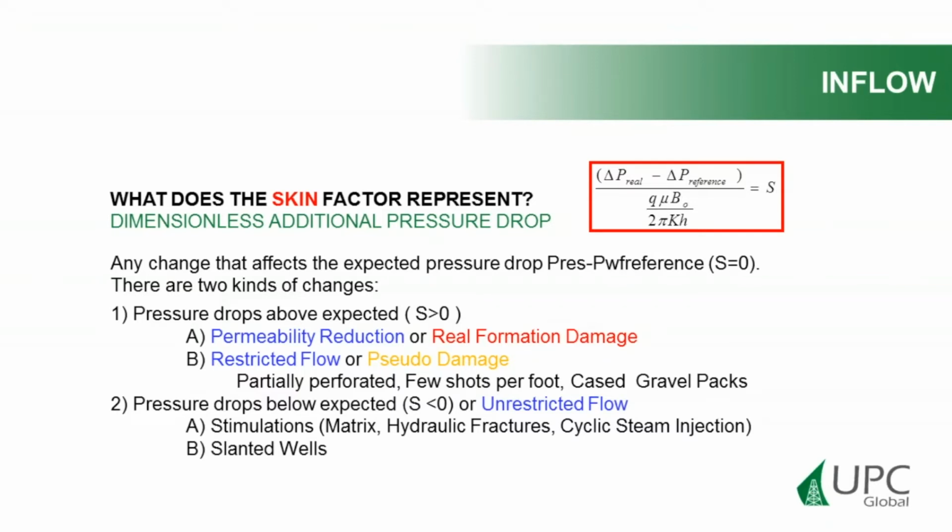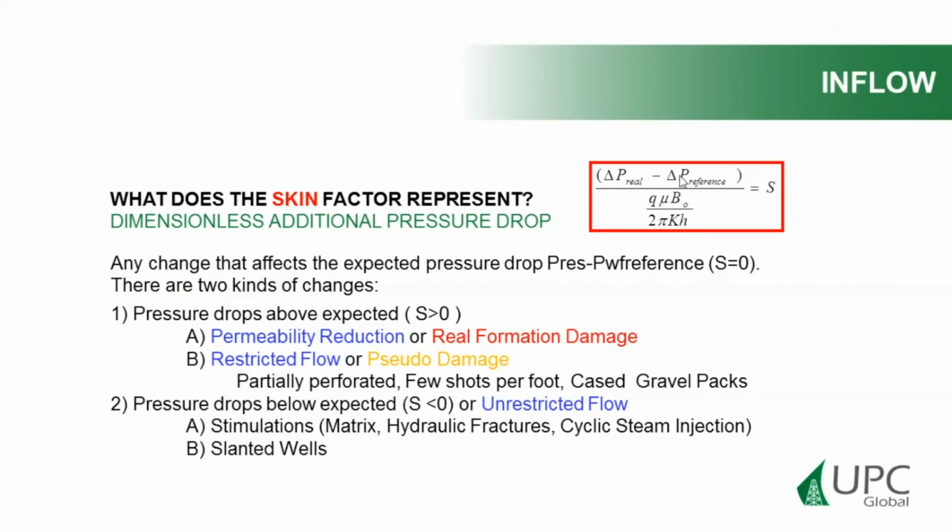When you have few shots per foot or gravel packs, that creates skin damage. When you have negative skin, you can have a stimulation, hydraulic fractures, cyclic steam injection, acid stimulation in carbonates that create wormholes, or slanted wells.